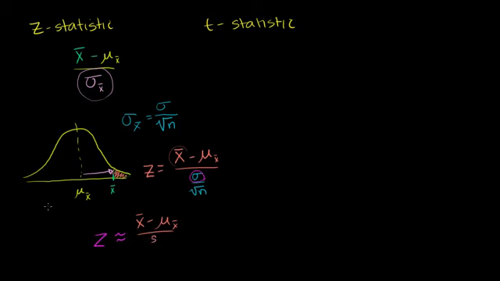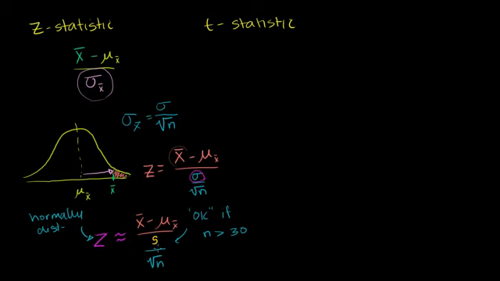And this is okay if our sample size is greater than 30. Or another way to think about it is this will be normally distributed if our sample size is greater than 30. Even this approximation will be approximately normally distributed.